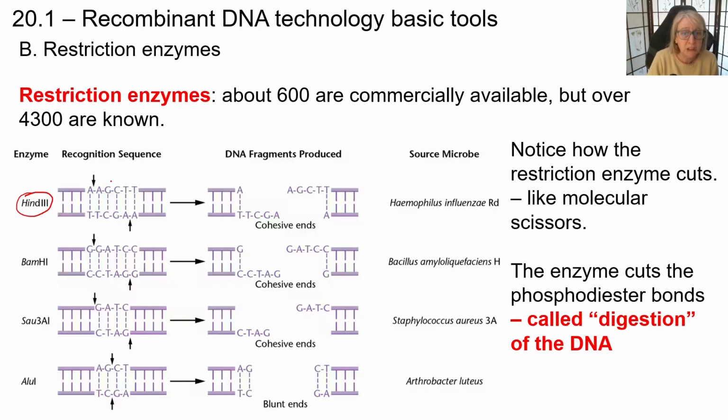What these restriction enzymes do is they find a specific sequence and cut at a specific location. They're like molecular scissors. Notice here that the HindIII sequence is AAGCTT. If I look at the other side, the complement of that on the DNA, it's also AAGCTT. These are reverses of each other.